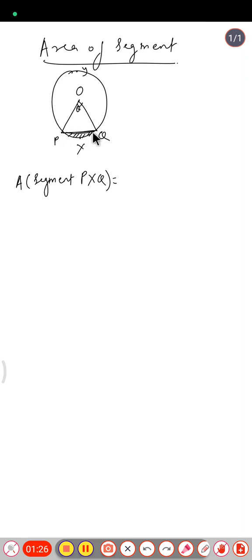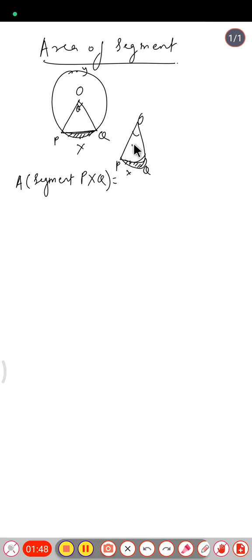First of all we have to find out this area of sector, right. Here it's O, here it's P, X point is here and here it's Q, right. So we have to find out this. Then from this we have to subtract this portion, right.